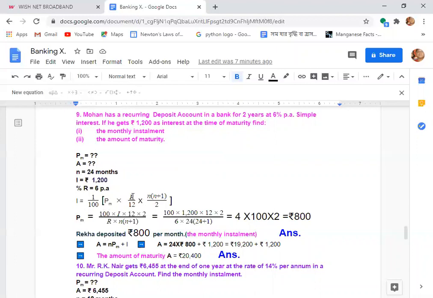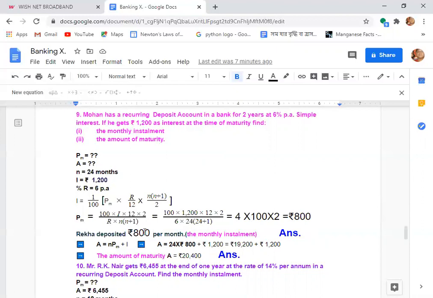In the denominator there is only R and N into N plus 1. Put the respective values. R is how much? 6. I is 1200 and N is 24. Cancel it. We got 800. So 800 is the deposit value per month, the monthly installment.